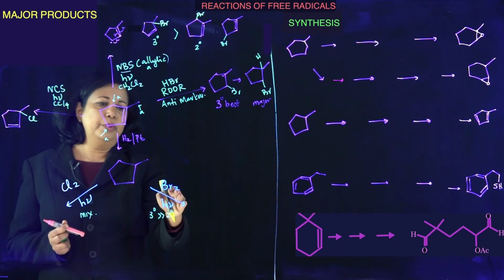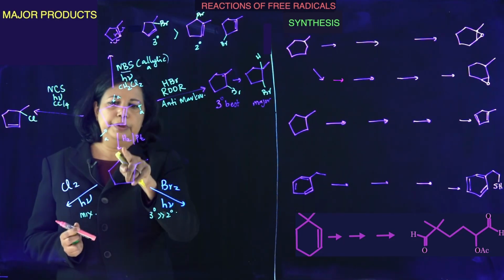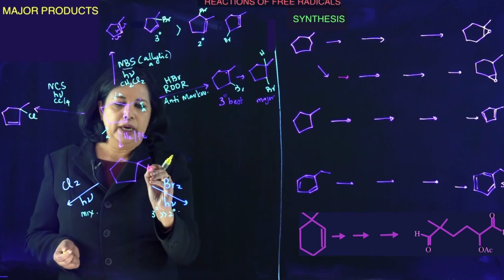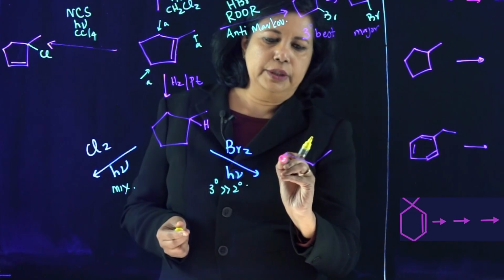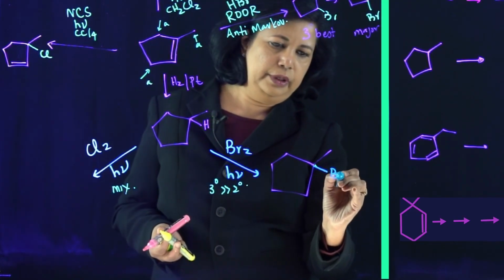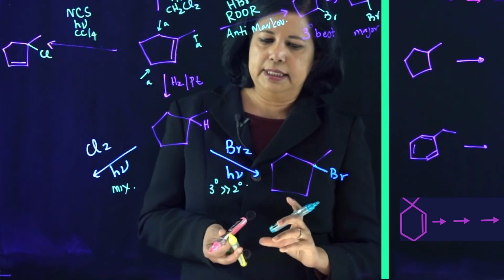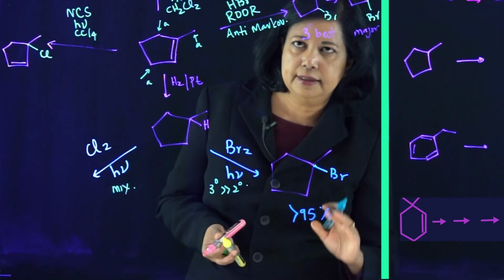Well, if you add bromine into this, you're going to get radical bromination. So here, if you add bromine, you have a tertiary hydrogen there, and that's where your bromine is going to target, the tertiary, and it's a chain reaction. And this is going to be more than 98%, or let's say more than 95%.